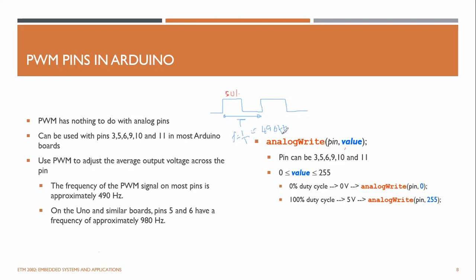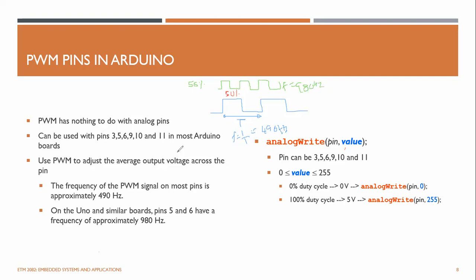But you can achieve the same duty ratio with a higher frequency. If you double the frequency, this waveform also has a 50% duty ratio, but you can see that the frequency is double. This frequency is 980.